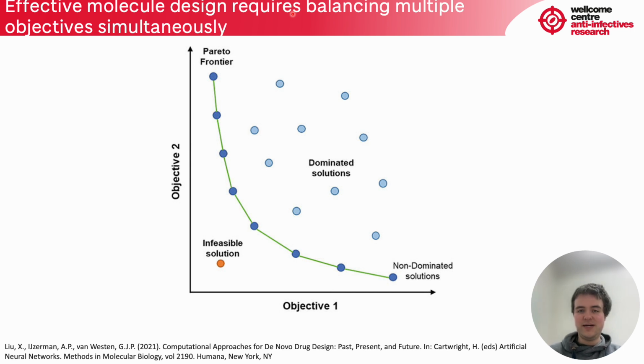balancing multiple objectives simultaneously. What I show here is a plot, and this plot captures objective 1 and objective 2. We could have whatever objectives we like here: molecular weight, potency, synthesizability, solubility, whatever.